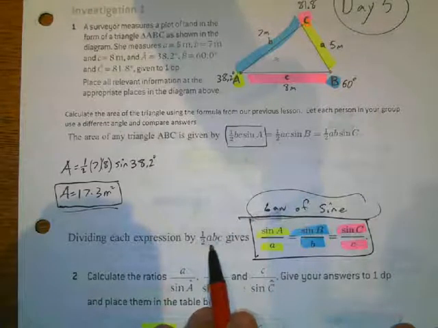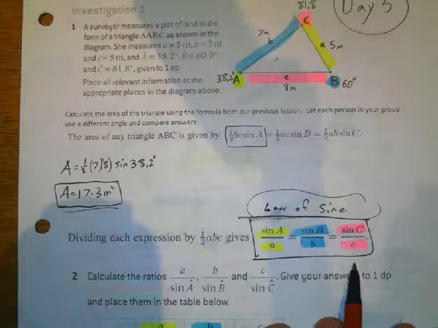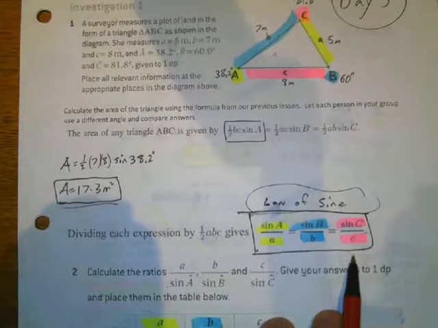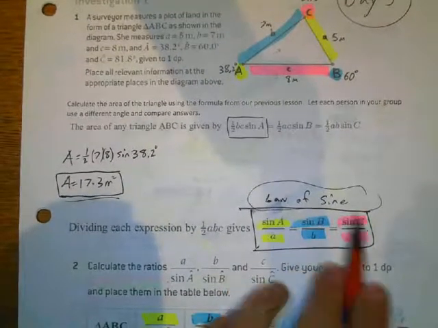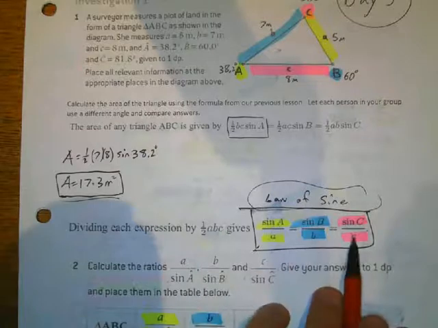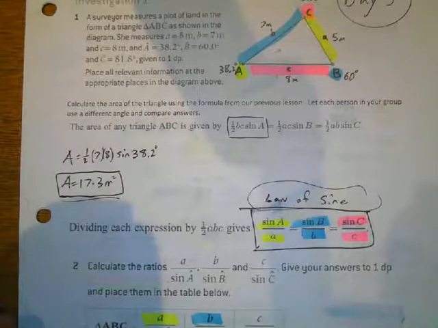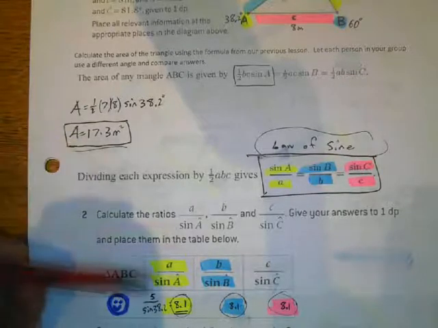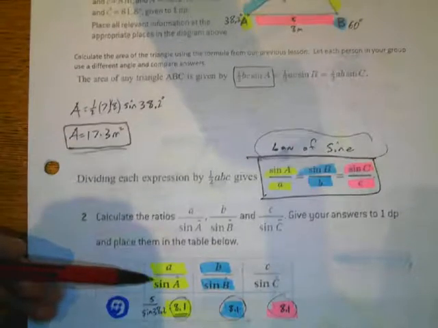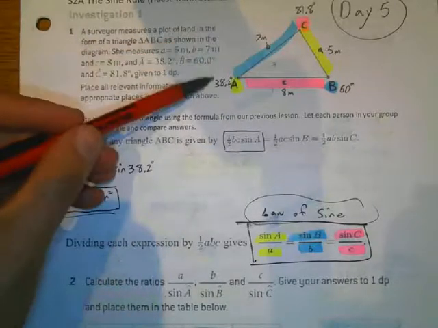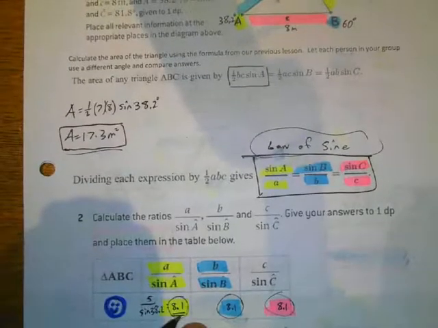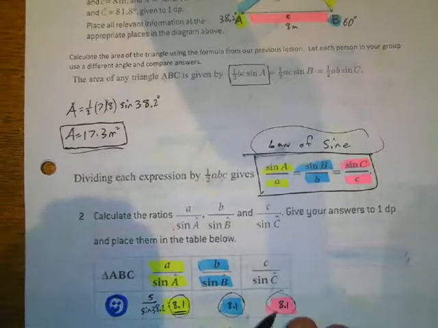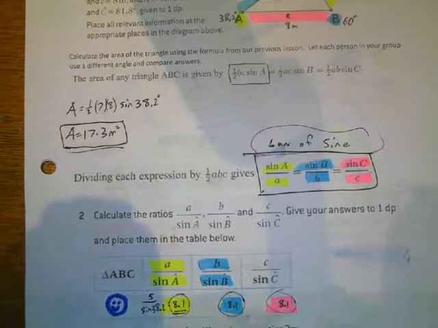Okay. Now, using this derivation here, if we divided each of these equations by 1/2 ABC, we end up with this relationship. And you will find out that these ratios will always be the same, which is why the law of sine works. So if we take this relationship with this triangle here, so A divided by sine A, so 5 divided by sine of 38.2, we end up with 8.1, and we end up getting the same values with the other ratios here.